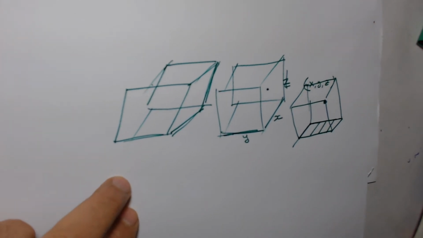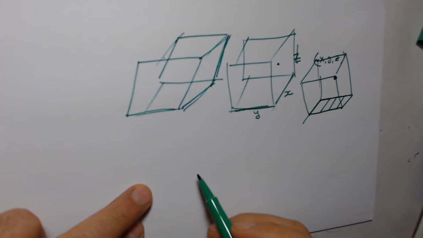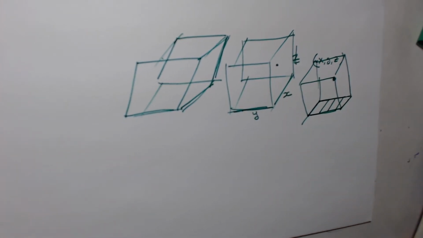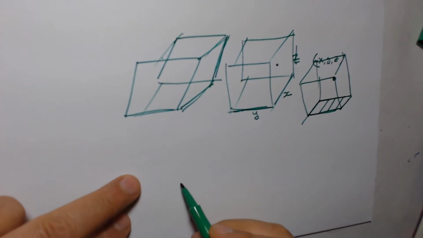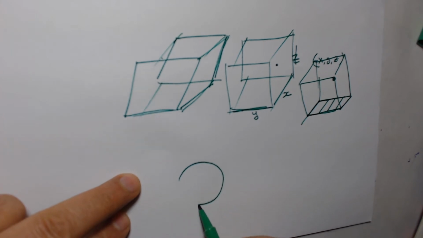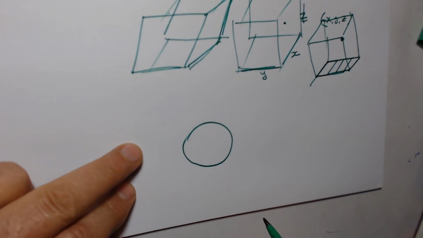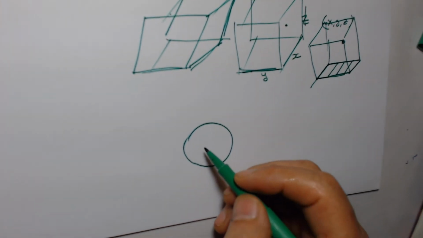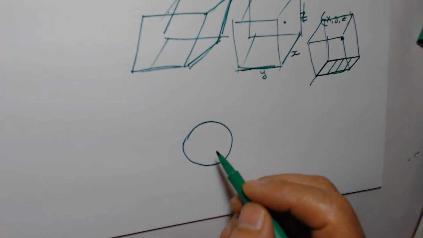But there are certain solids where not all three quantities are straight. Maybe the bottom is a circle. And if the bottom is going to be a circle, therefore, there is no way I can use this one as an x and a y.